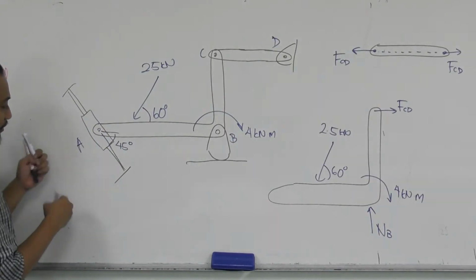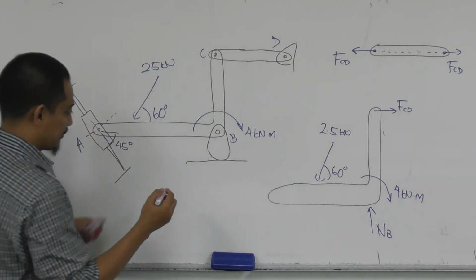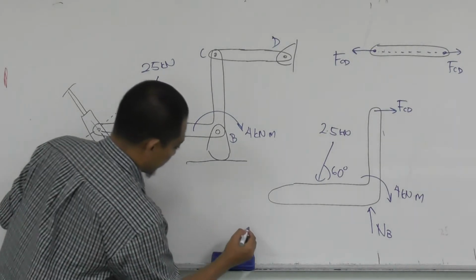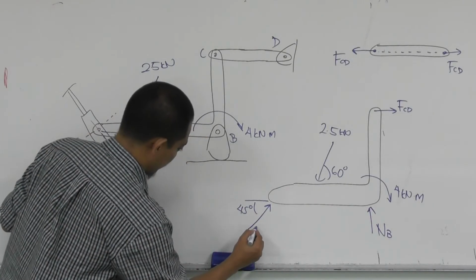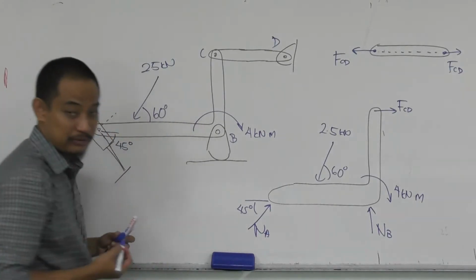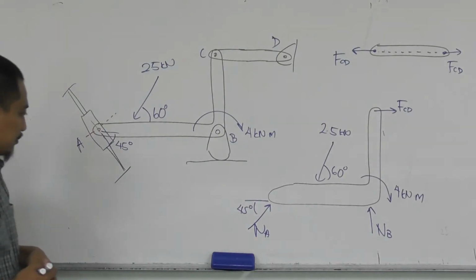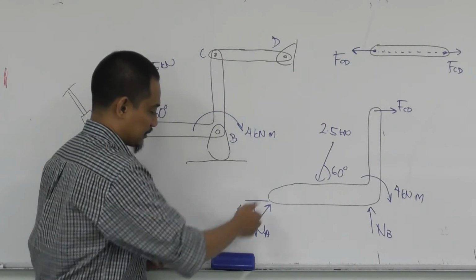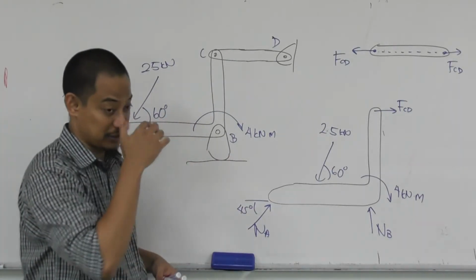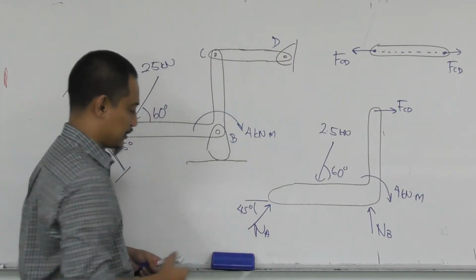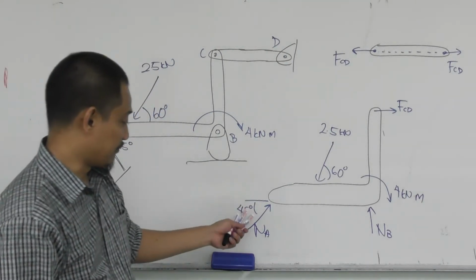But it restricts movement perpendicular to this axis, hence you will have a force like that, and E, for example, for the normal force at E. So that's the restriction. It cannot move in this axis, but it's free to move that way. Free that way, there's no force reaction. It is restricted that way, there's a force reaction. This is a pin there, so it is free to rotate, so you do not have any moment.